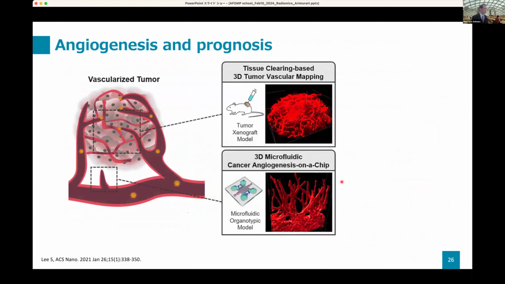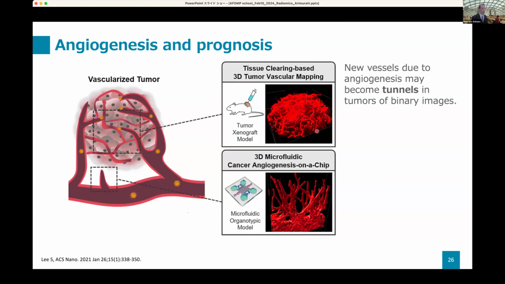Another evidence is from angiogenesis. Here are images of angiogenesis on a mouse cancer. According to this result, I thought new vessels from angiogenesis within the cancer may become tunnels in tumors in binary images, but it depends on the CT value.